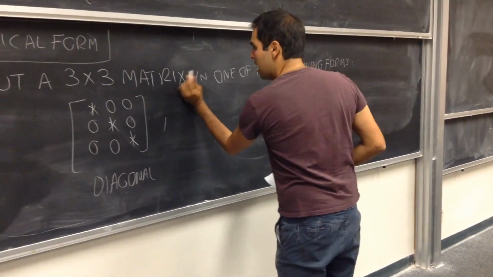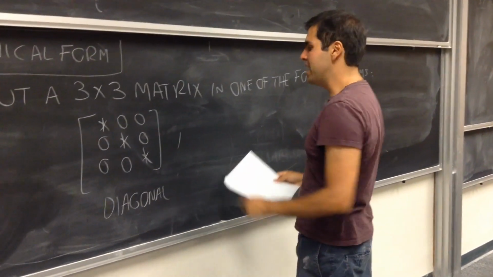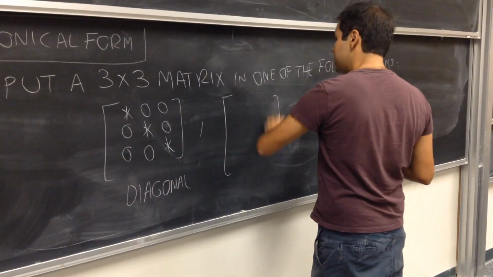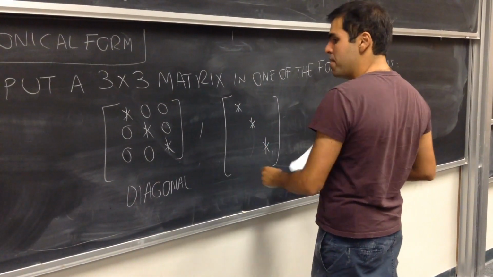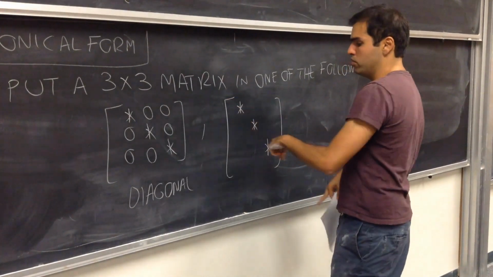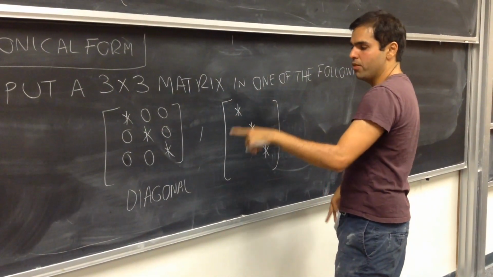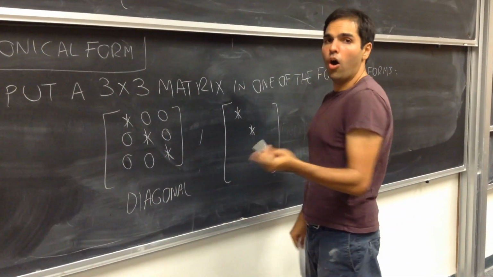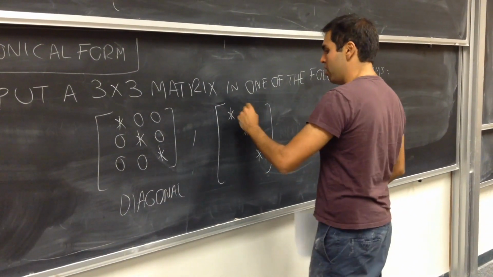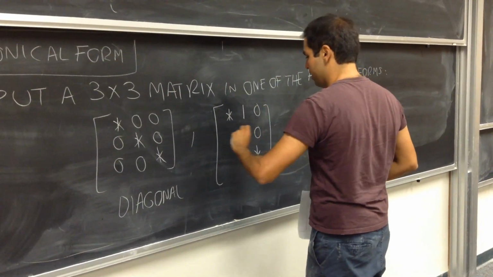But it turns out sometimes you cannot put a matrix in this form, but you can still put it in, in most cases, some other forms. Maybe something where the diagonal terms can be whatever, but where all the other terms, well, they're not always 0, but most of them are, except maybe for a couple of ones.